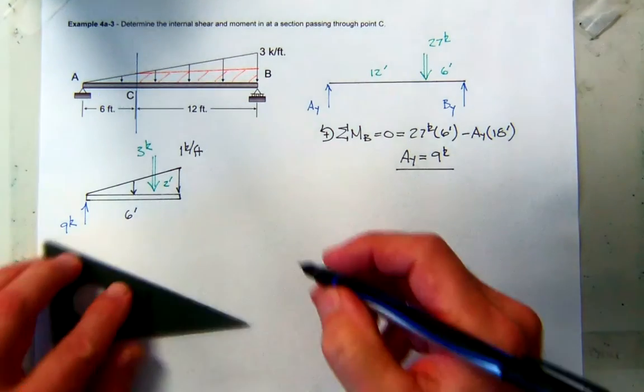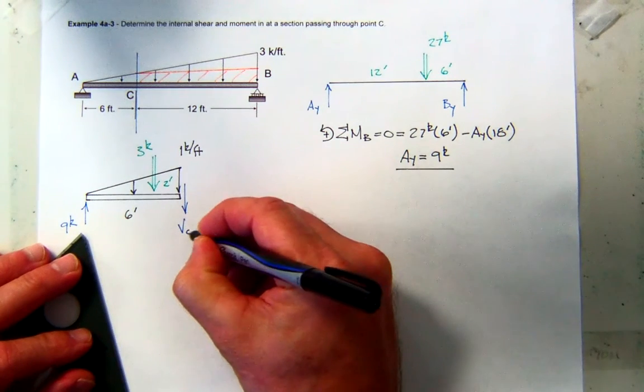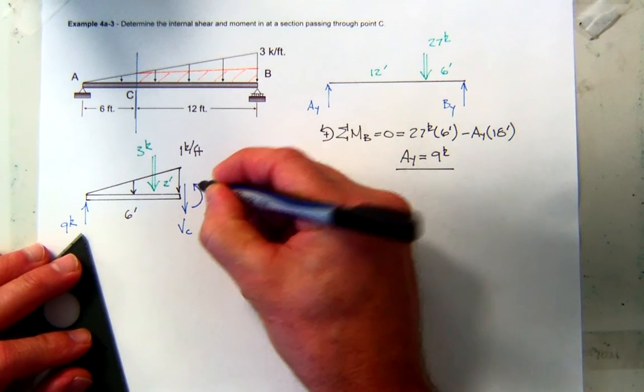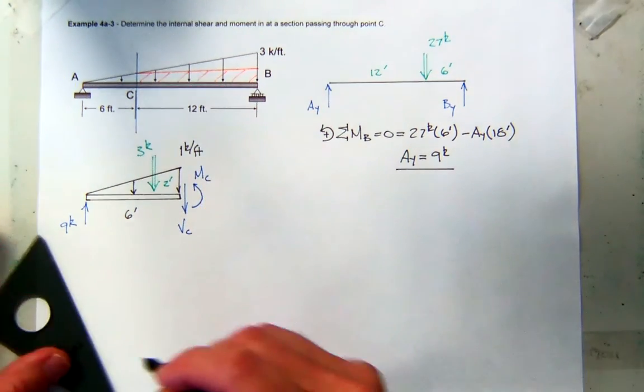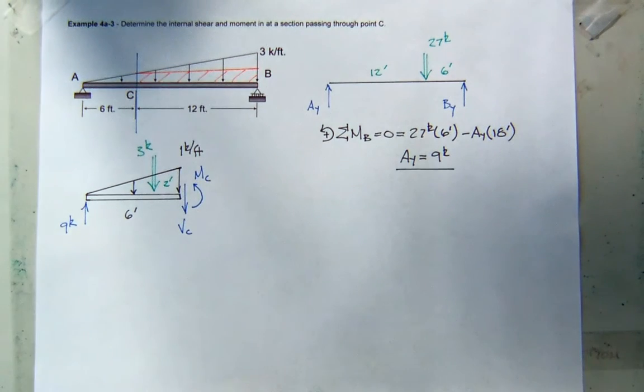Then I'll assume my positive shear force at C and my positive bending moment at C. I did not put the axial force because I'm not interested in it. Plus, you can probably see that there is no axial force. There are no horizontal forces in the structure at all.